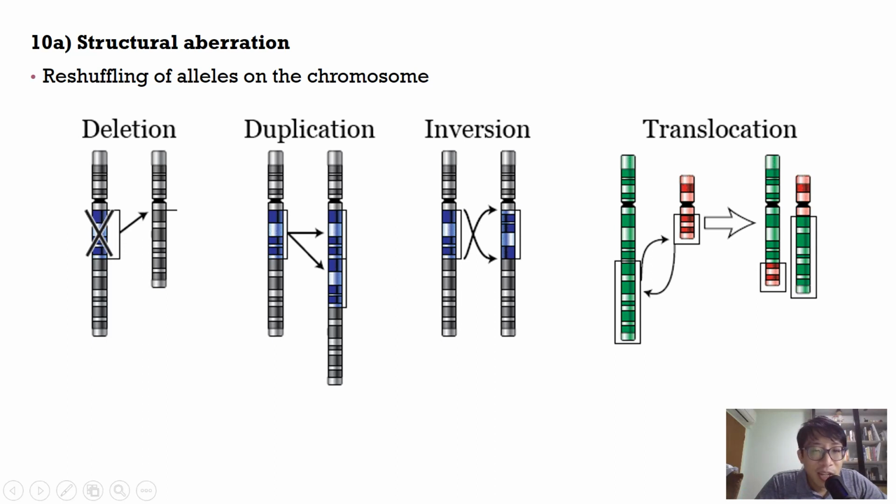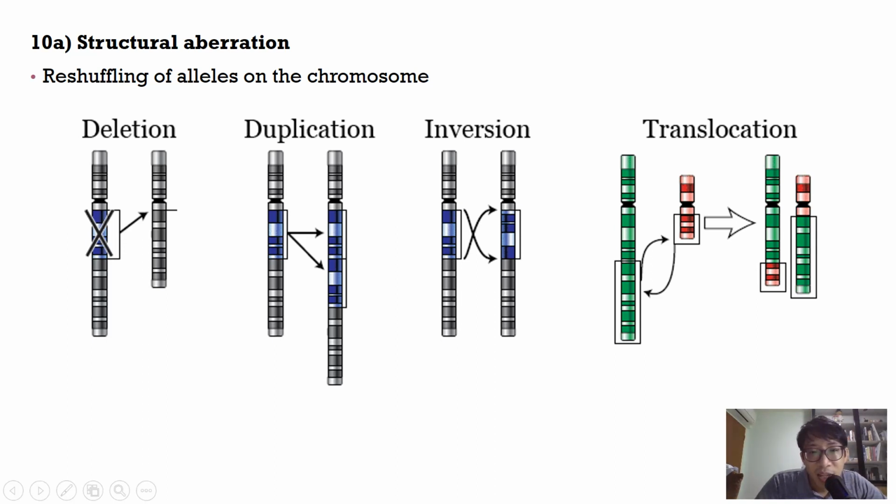Duplication is the doubling of a portion of the chromosome, so the chromosome becomes longer and you have more gene copies. Inversion is when a portion of the chromosome is broken off and joined back to the chromosome in an inverted manner. You can see here one thick band and two narrower bands, which is actually inverted when it joins back to the chromosome.